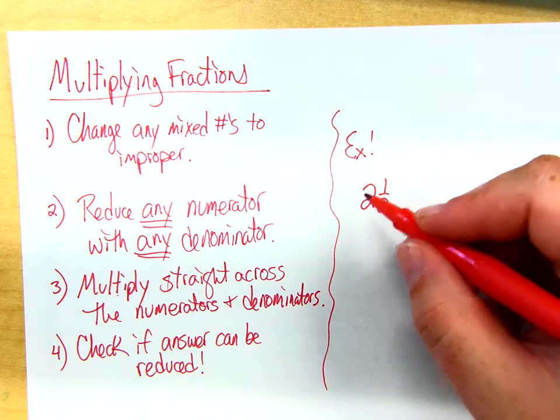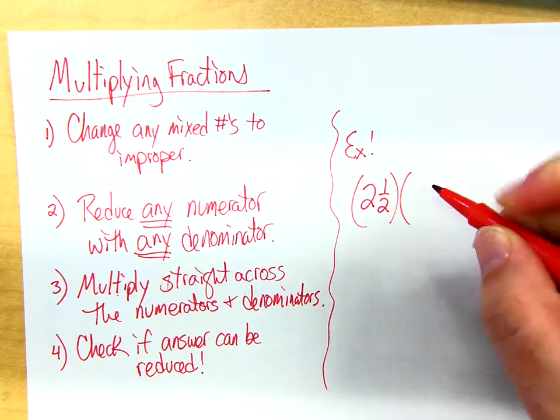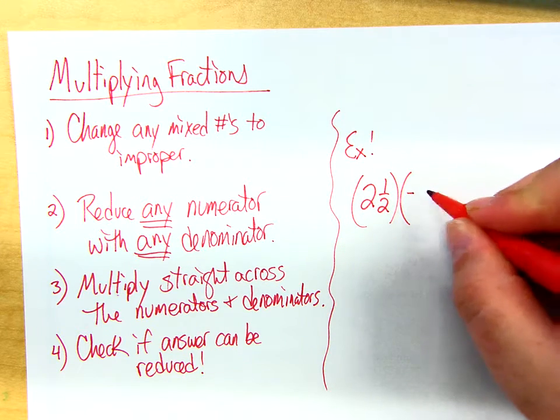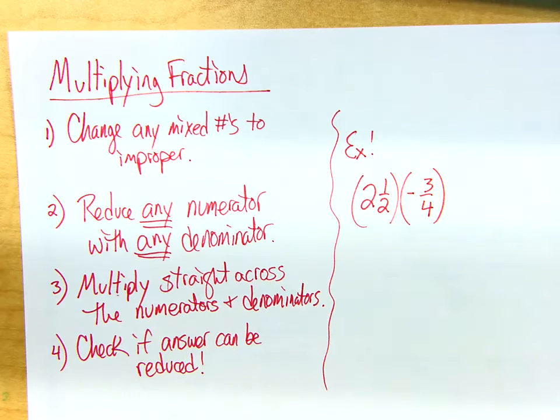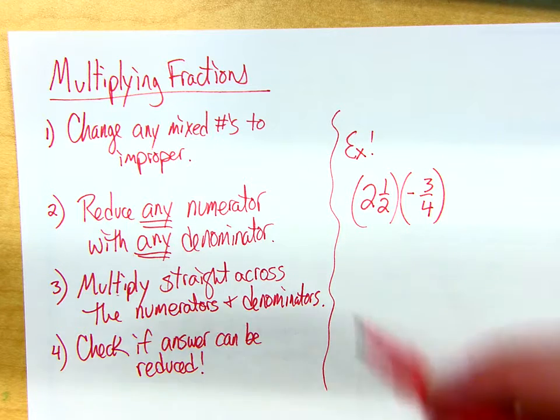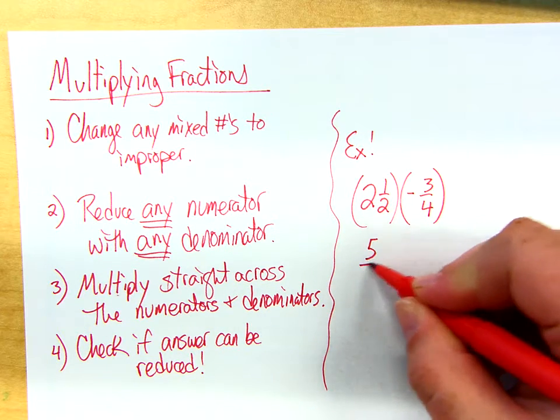Let's do 2 and 1/2 times negative 3/4. Let's just start with that. You're all going to solve it. So let's just follow our steps. Step 1, change any mixed numbers to improper. So 2 and 1/2, if we change that to improper, we get 5/2.